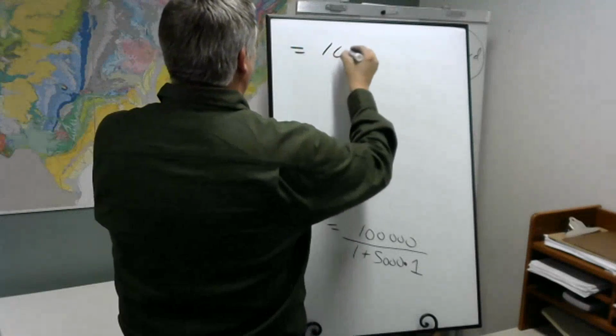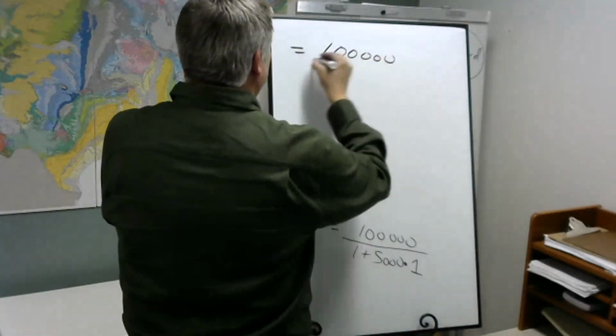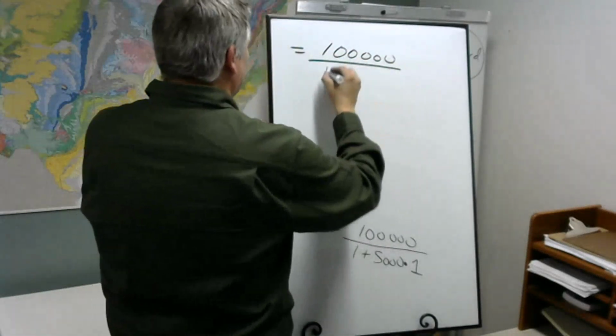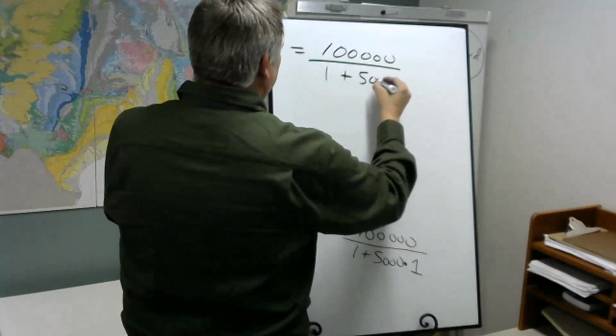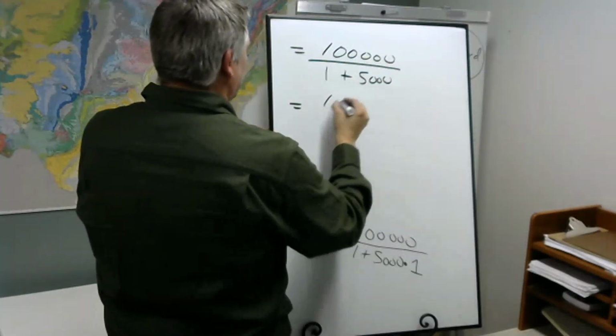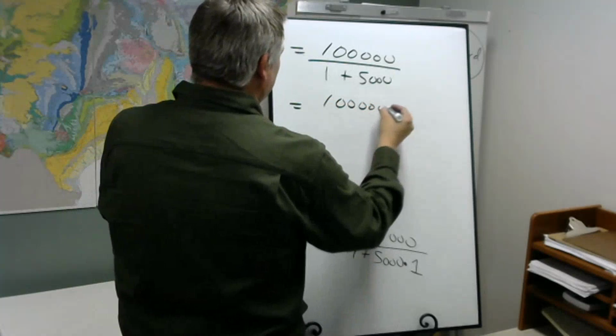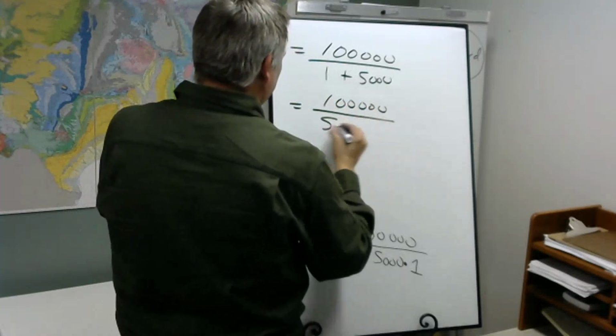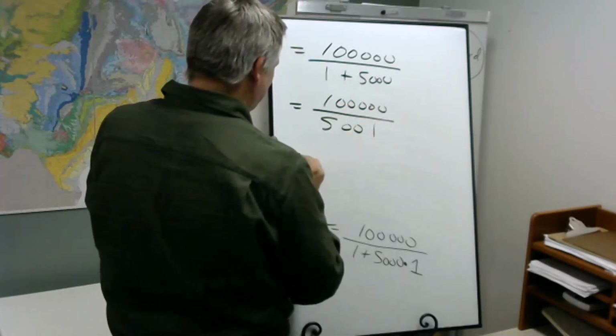So we have 100,000 over 1 plus 5,000, or 100,000 over 5,001.